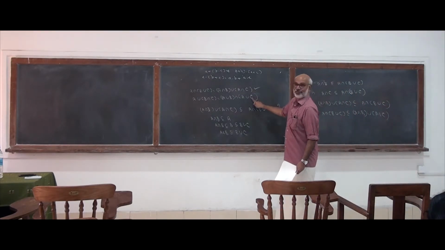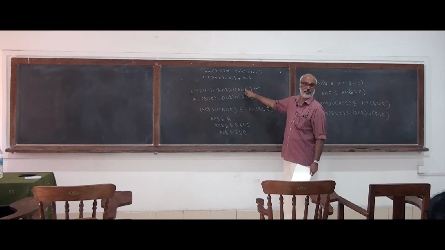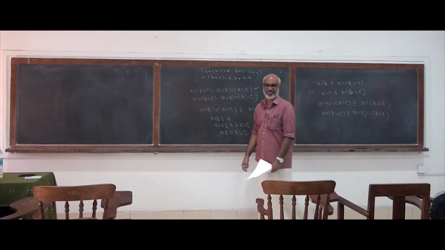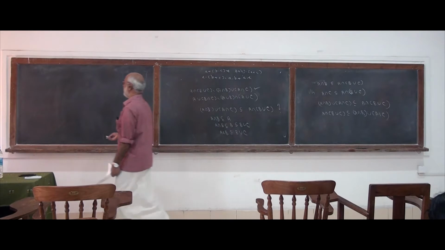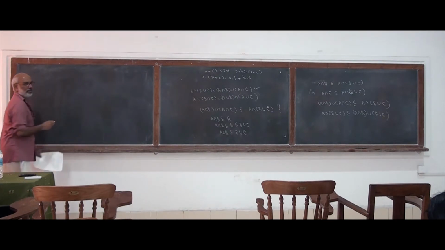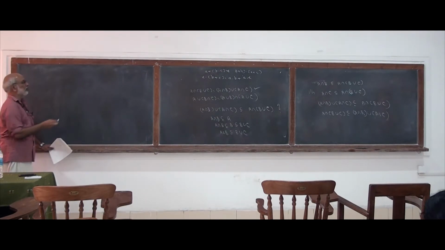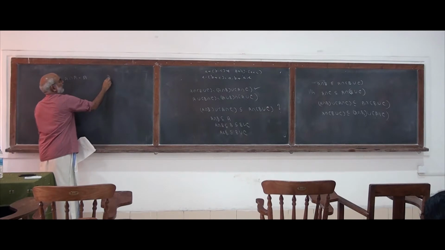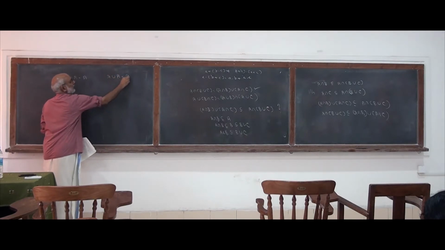For example, these two. How will you obtain the second one from the first? By interchanging union and intersection. That is the case with most of the other results we put. For example, A intersection A is equal to A. Corresponding to that, there is a relation A union A is equal to A.